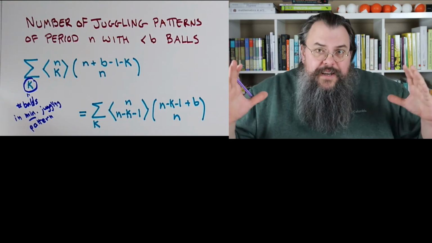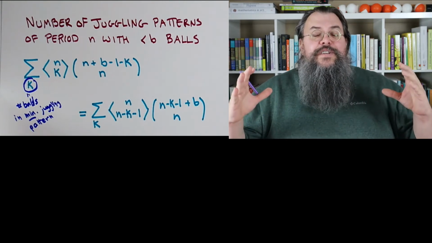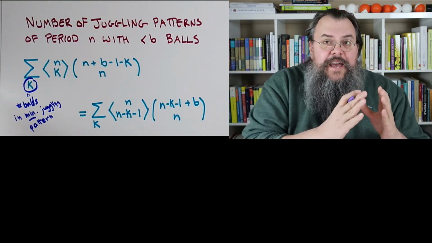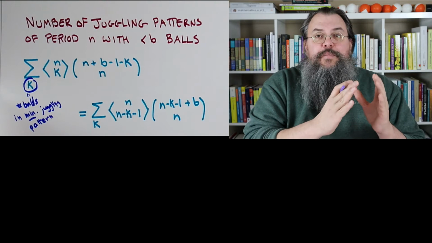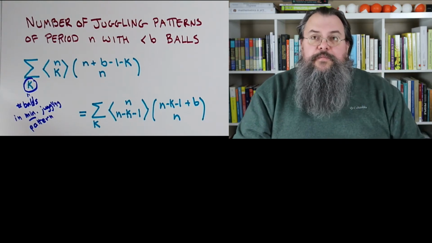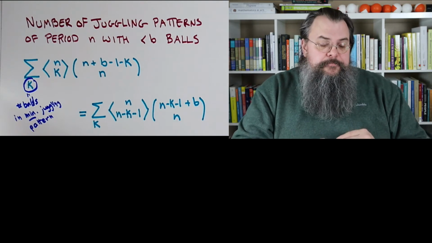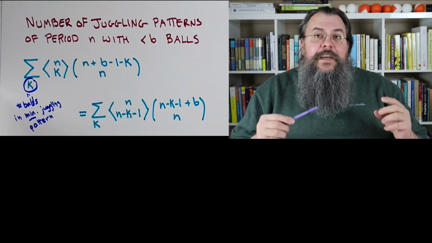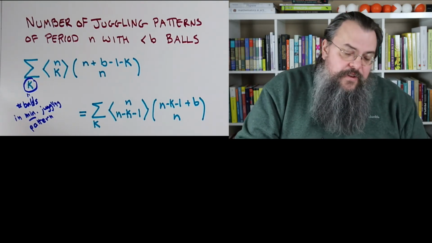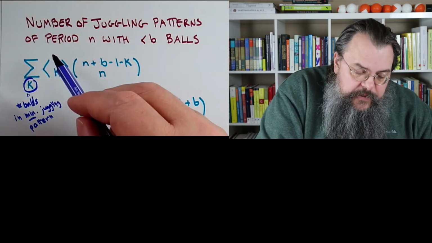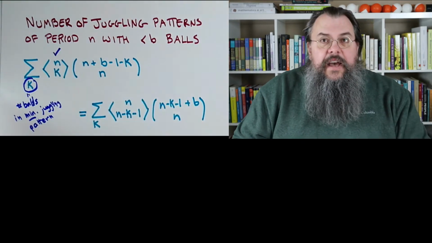What we're doing is collapsing it a bit and saying, we'll sum over all k, and ask how many patterns there are for any particular k, where k is the number of balls in that minimal pattern. All right, good. That explains the first term, the Eulerian number n k.